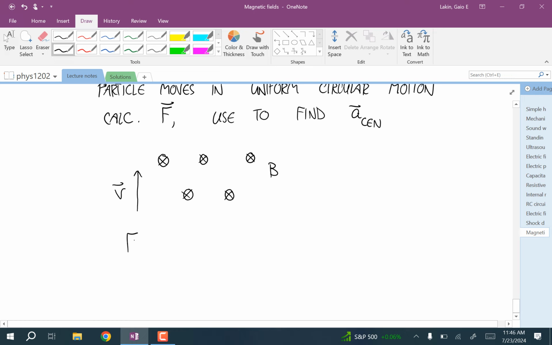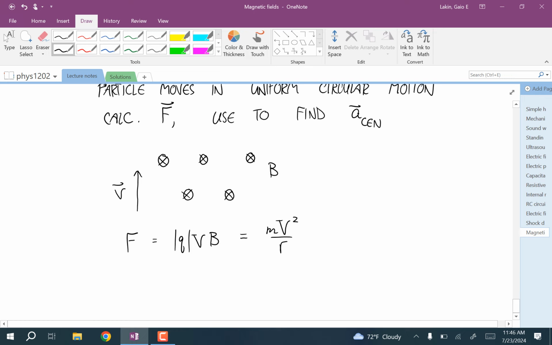We're going to calculate our force using the equation for the force applied to a charged particle by a magnetic field vector. So we have the absolute value of the charge times the speed times the magnitude of the magnetic field vector. And we're going to set that equal to the mass times the centripetal acceleration, so mv squared over r.